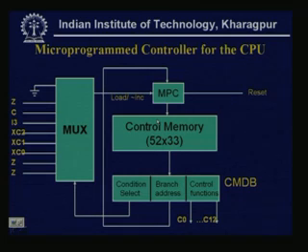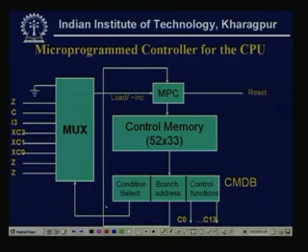Now what we have to do is write the symbolic microprogram that implements the instruction sets. We have only implemented the instructions. Now, we can write the symbolic microprogram for these 11 instructions, and then only we can design the microprogram controller for the CPU.